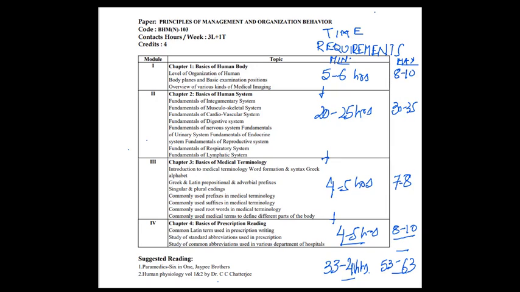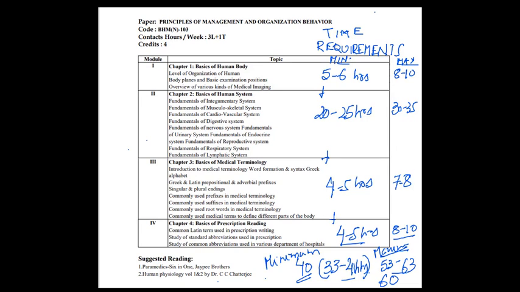So on the minimum side, 33 to 41 hours, I will take a rounded value of about 40 hours on average. And on the maximum side, it will be 60 hours, taking a rounded value between 53 and 63.